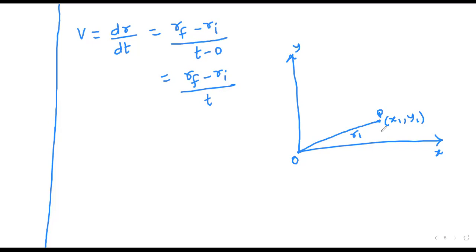Now, with respect to the origin, the particle moves from point P to point Q, having the coordinates x2, y2. Here P is the initial position and Q is the final position.